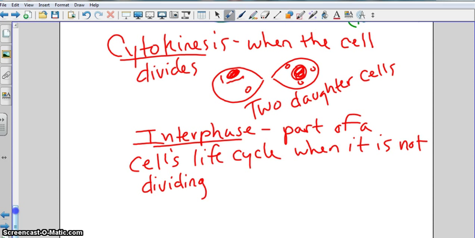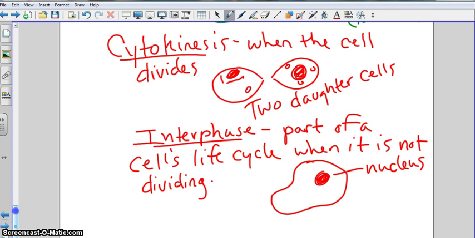So this is when cells are just doing normal stuff. They're just doing what cells do. They're getting food and they're getting rid of waste and they're, you know, being cells. And they look normal. So we have just this normal cell and it's got this nice dark spot in it. And what is that? The nucleus.